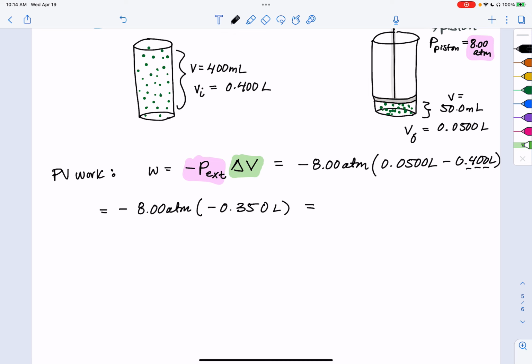So this will be 0.35 times 8. So I get 2.80 liter atmospheres, atmospheres times liters. So my work is 2.80 liter atmospheres. And now let's convert that into joules.